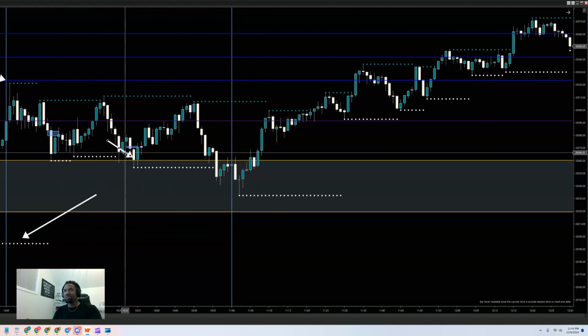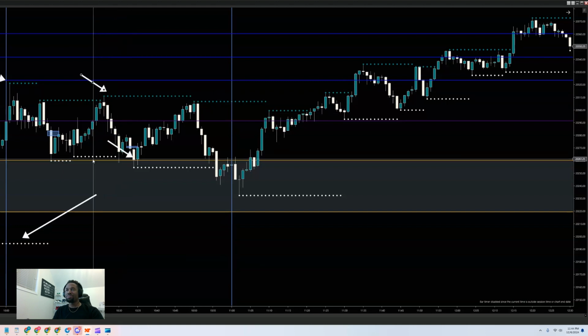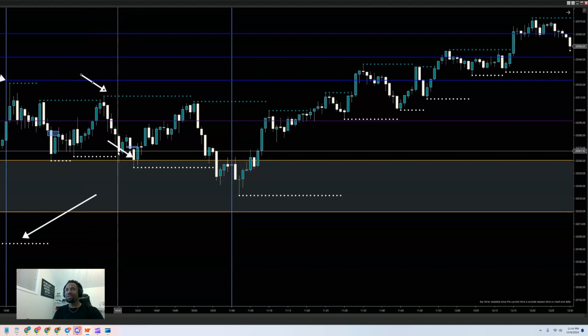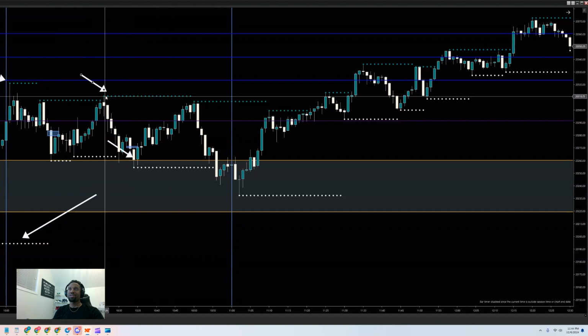Actually, I take that back. This one right here is a swing. The reason why this is a swing is because now we have some pivot, and price actually closed below this consolidation area and then came back up. So that confirms that this is a swing.